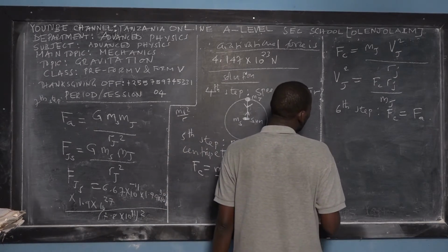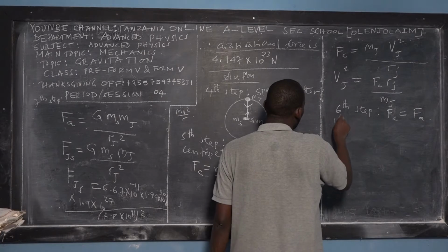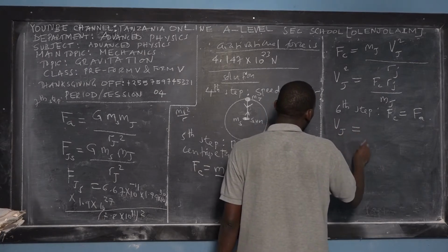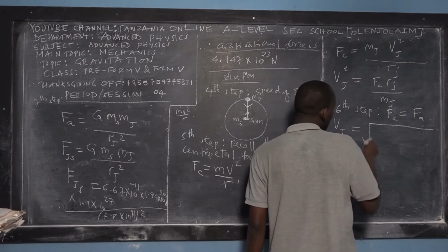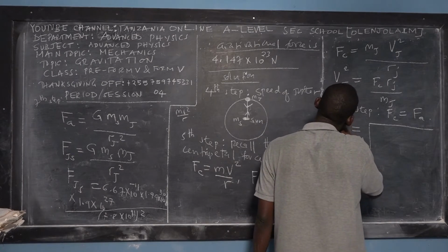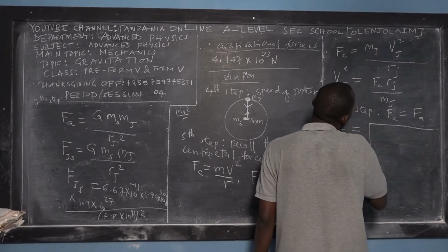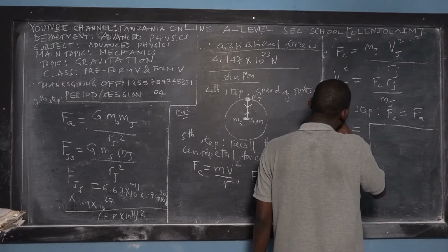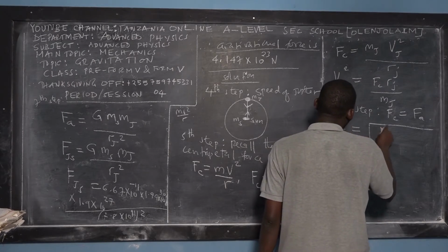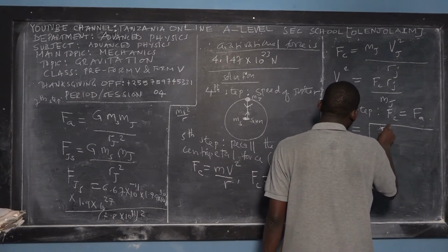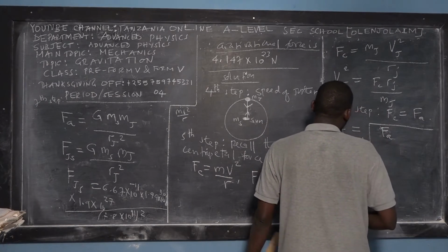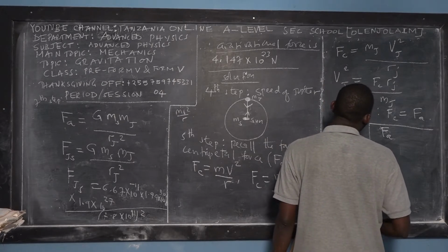So we say that the velocity of Jupiter is equal to the square root of the centripetal force, which is equal to the gravitational force we found in part 1, times what?